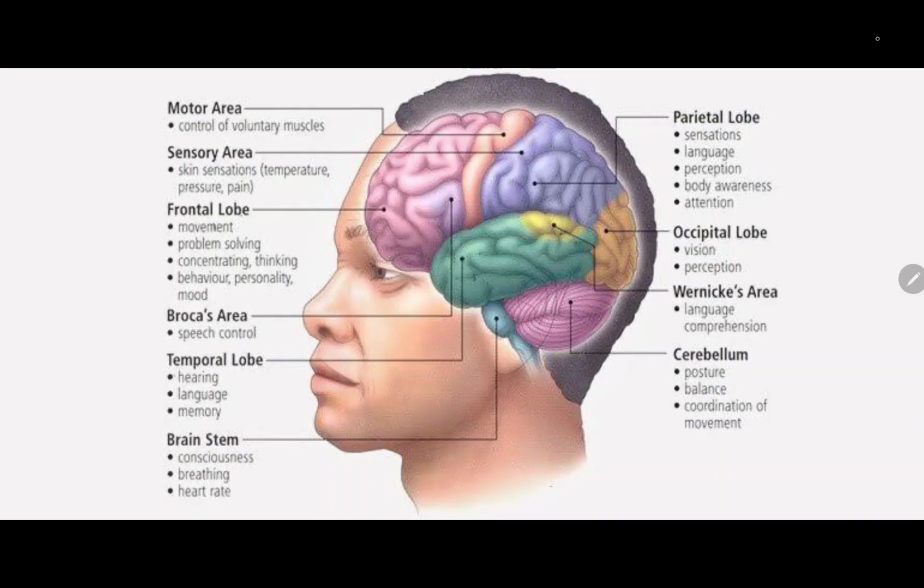Detailing the function of the cerebrum, it is responsible for thinking, intelligence, consequences and memory. It is also responsible for interpreting touch, hearing and vision. All these functions are done by the cerebrum in different lobes or regions.